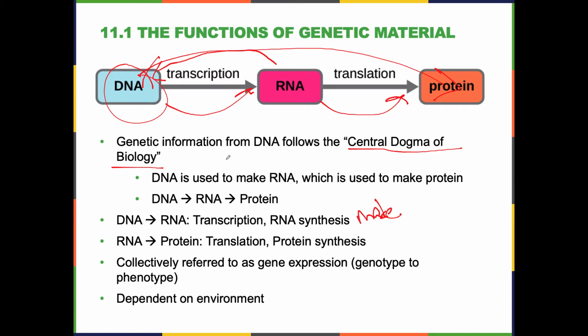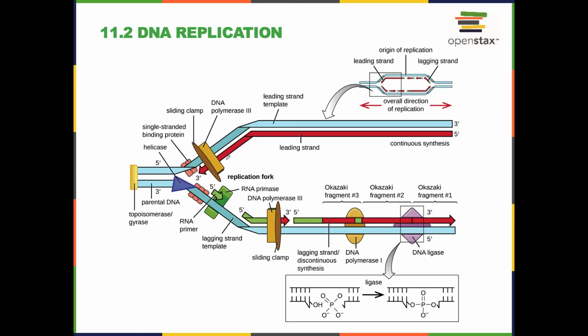All right, so we will talk about that, but first let's talk about replication, because we did talk about how in order for DNA to be copied, it needs to be replicated, okay? So here is the replication fork, and look at this. This is like nuts, right? We got these primases and polymerases and single-stranded binding proteins and Okazaki fragments, lagging and leading strands, and what the heck, right?